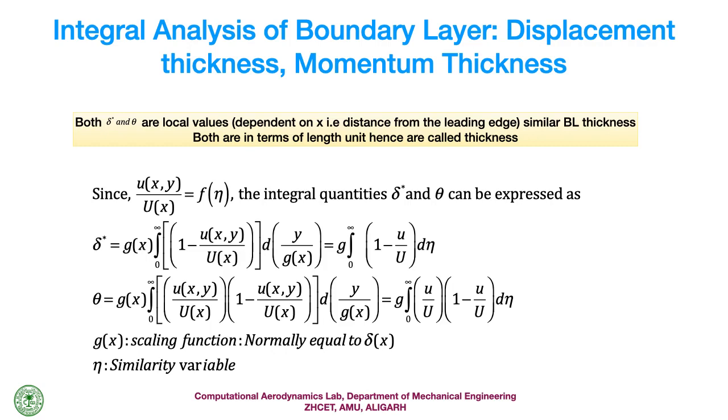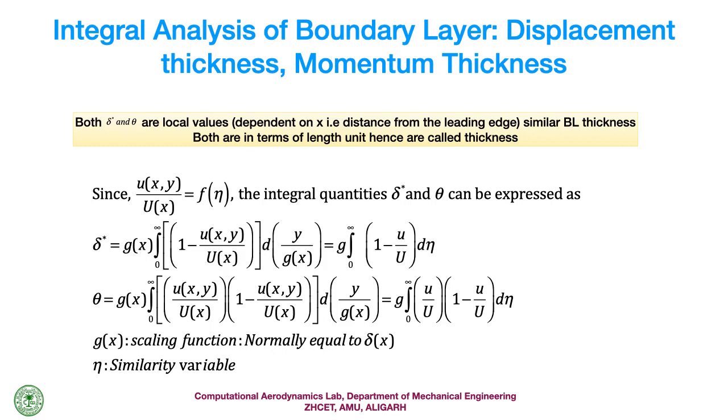So now let us consider an approximate velocity profile where u by u infinity is nothing but f of eta. Since it is f of eta, I can write delta star, and eta is defined as y by g of x. Therefore I can write delta star equal to g times the integral from 0 to infinity of 1 minus u by u infinity d eta.